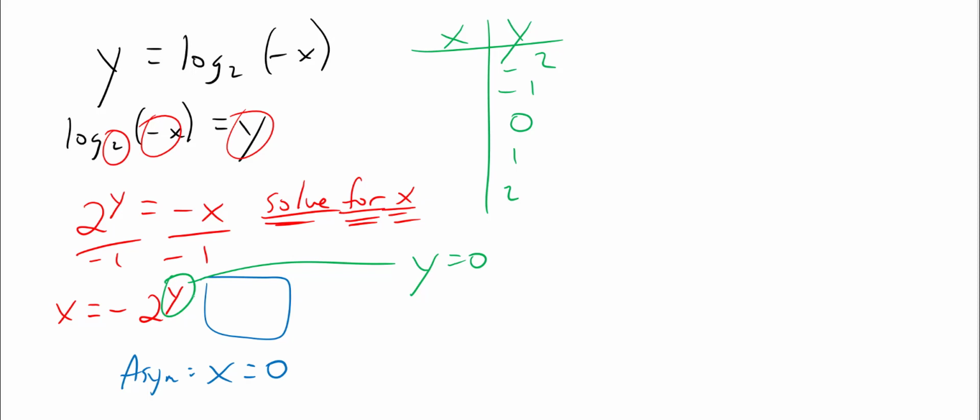It's negative 2 to the y power. Okay, so basically in your calculator, you're going to type in negative 2 raised to the, and put that in parentheses, whatever that is. Okay, so if I put a negative 2 in there, I get negative 0.25. If I put a negative 1 in there, I get negative 0.5. If I put a 0 in there, I get negative 1. If I put a 1 in there, remember it's 2 to the 1, which is 2, but then negative of it. So again, if you use your calculator, you're good to go. And this last one is negative 4.